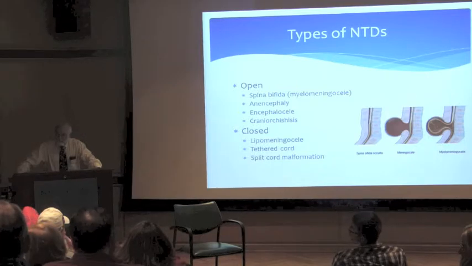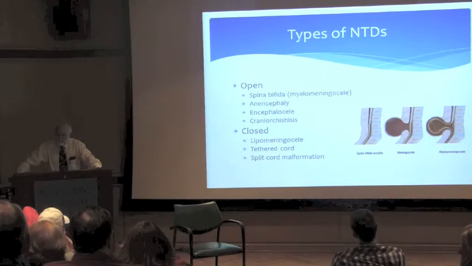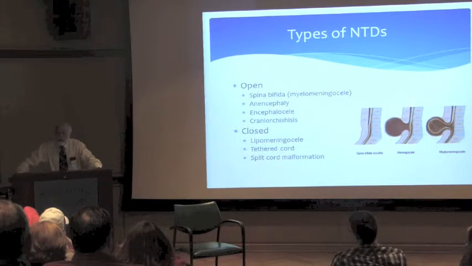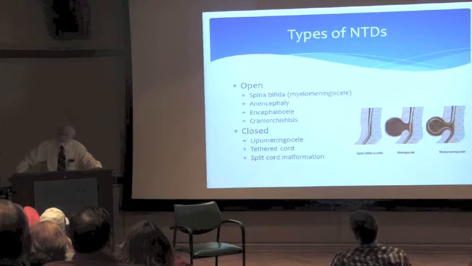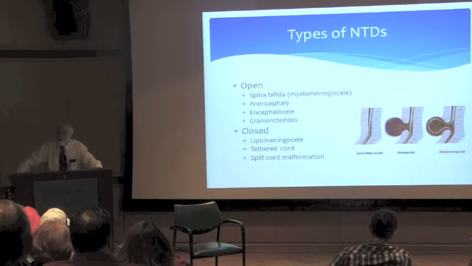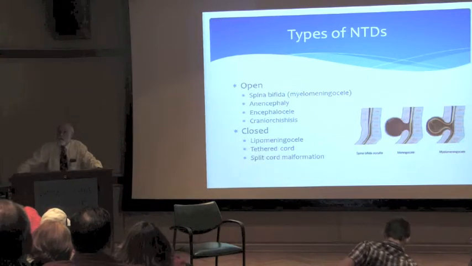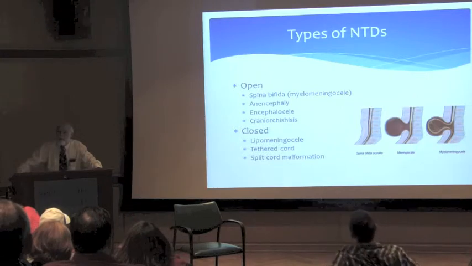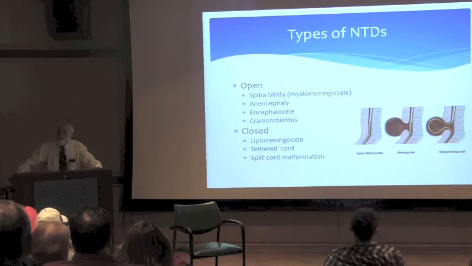Yes, ma'am? I just have a question on that zipping up of the tube. It's showing that spina bifida most often occurs in the lower part. If it's zipping up at the same rate, does it sometimes occur in two spots? It does. That's a logical question from what I said. In fact, there are some infants, some developing babies, we know who can have multiple defects along the spine.